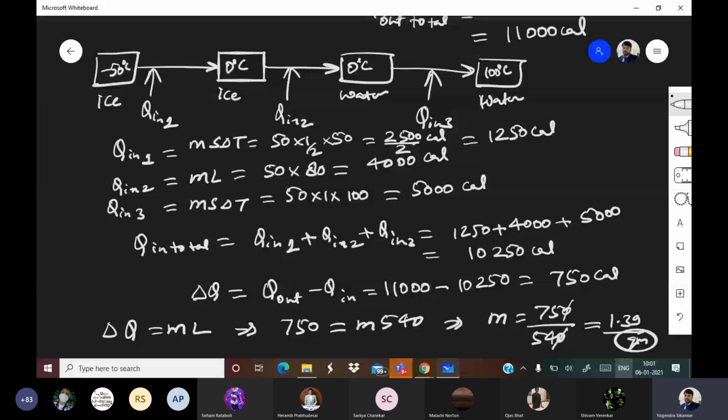Ultimately you have to take it back to 100 degrees Celsius because steam has to be there. So if you want to do it that way, you can, but after that you need to bring everything back to 100 degrees Celsius, and then get some steam. And how much steam? 1.39 grams.